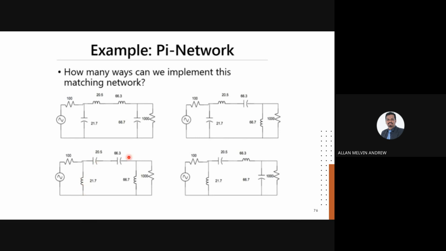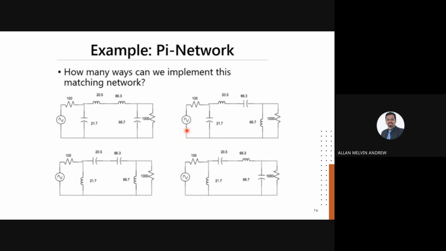You can have two capacitors on top and two inductors in parallel, or one inductor and one capacitor, with one in each leg, and we can have the opposite of this circuit. But the impedance of all these components will be the same, because it will produce the same output for you to transmit. Okay, so that's the pi network.